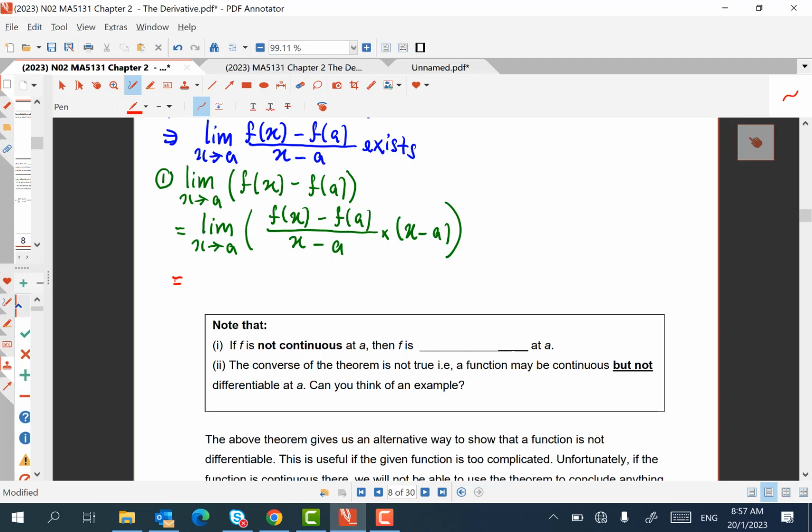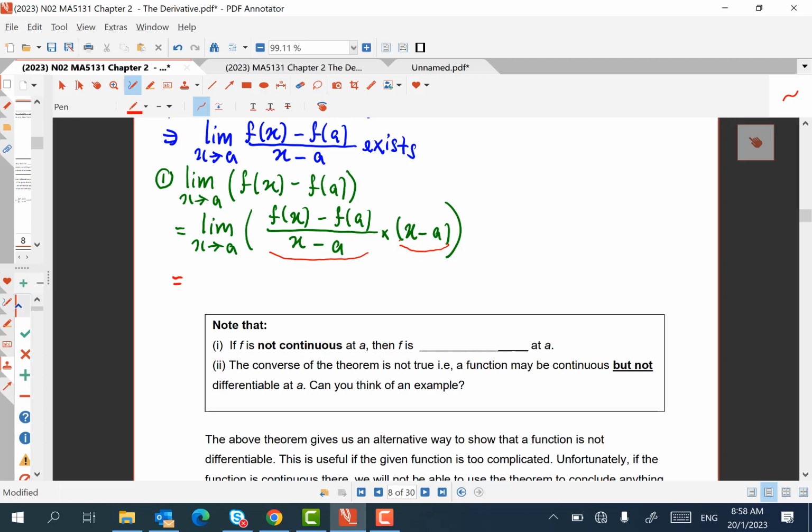Now, because of the blue color above, I can be assured that the limit of this fellow exists. And for x minus a, the whole world knows that the limit of x minus a will also exist when x goes towards a. It's quite straightforward.